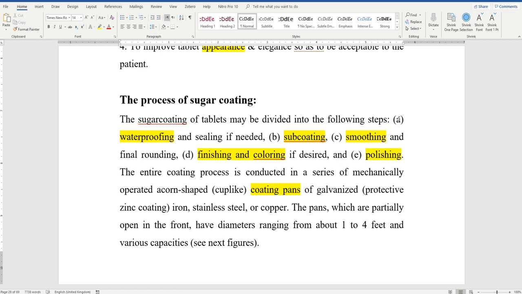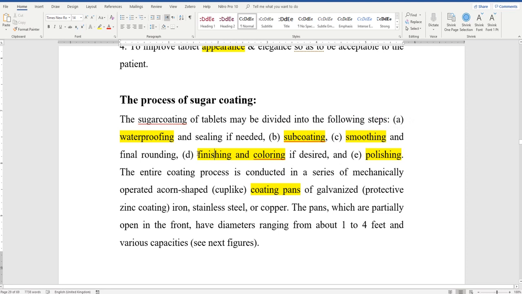Dedusting will prevent the coating from becoming rough. That's why we need to dedust the tablets. After that, we do waterproofing. We'll talk about this in more detail later. And after waterproofing, we need to do subcoating. After subcoating, we do smoothing and final rounding.